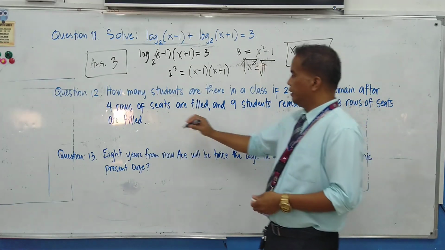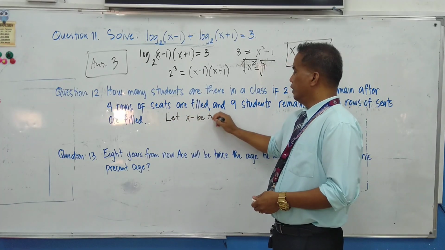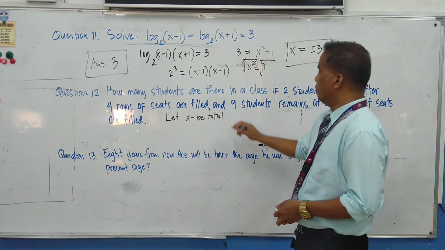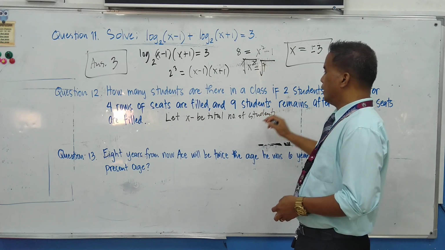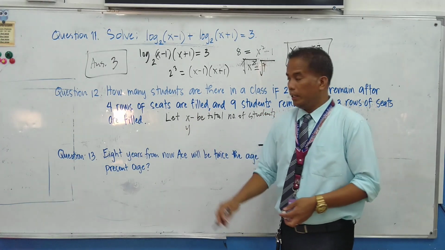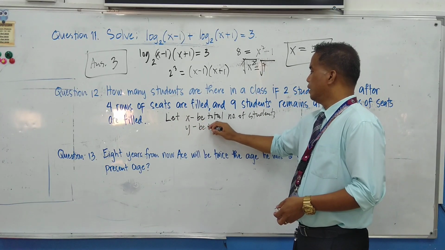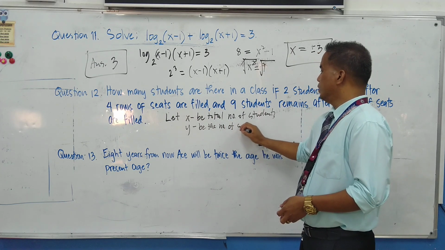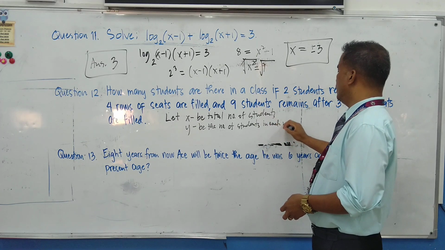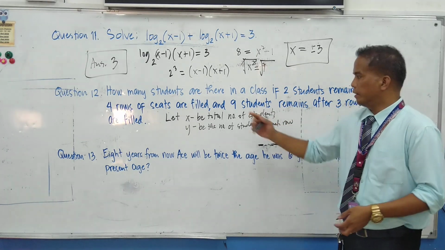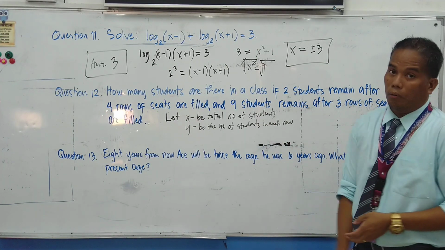We will let x be the total number of students, and let y be the number of students in each row. Okay? So x is the total number of students, y the number of students in each row.